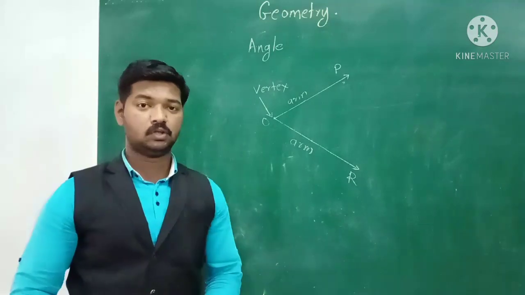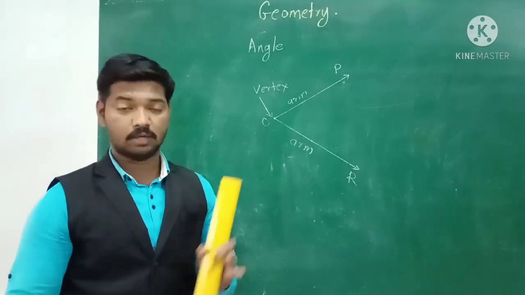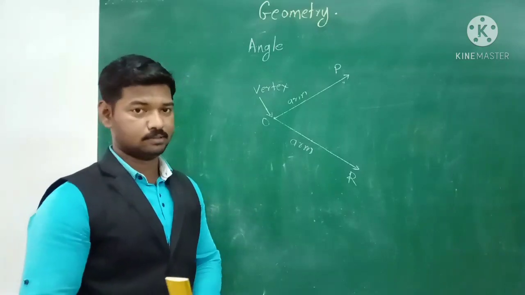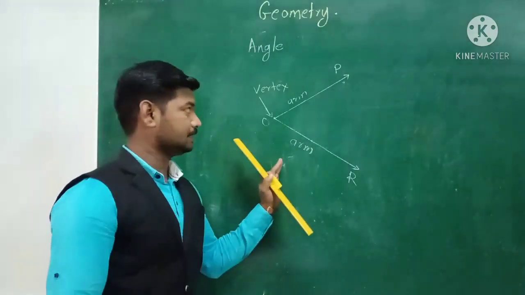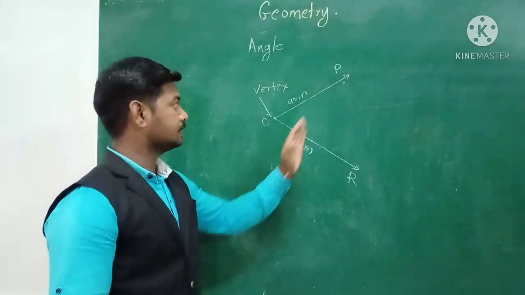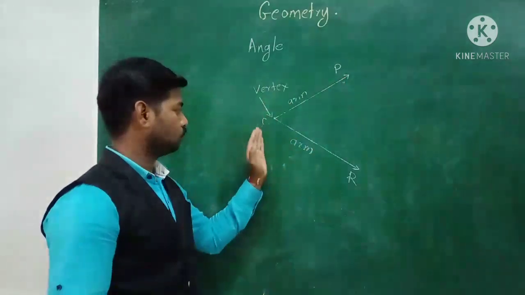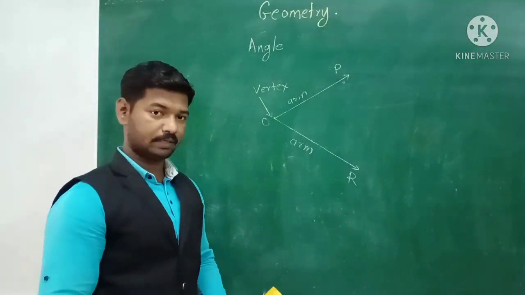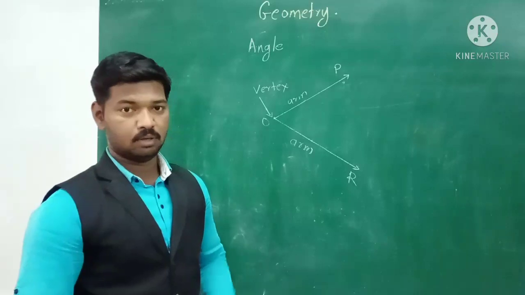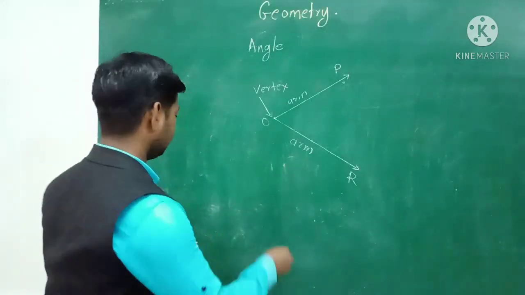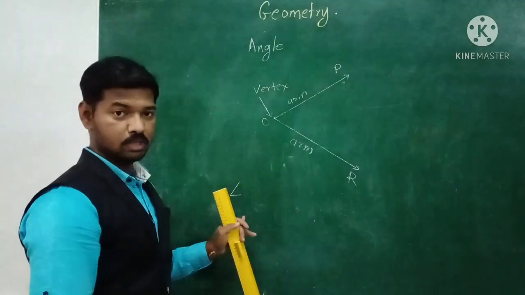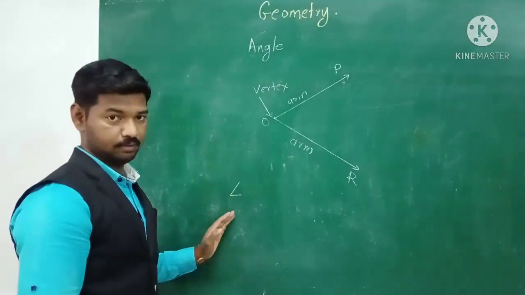Mostly we use English capital alphabets for giving names to angles. You will see in this figure, we can read the angle as angle POR, or we can read it as angle ROP. So how can we write this? We will write with a sign. This is the symbol used to denote an angle.